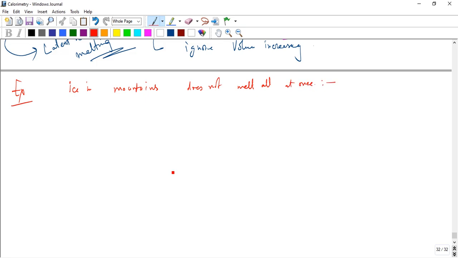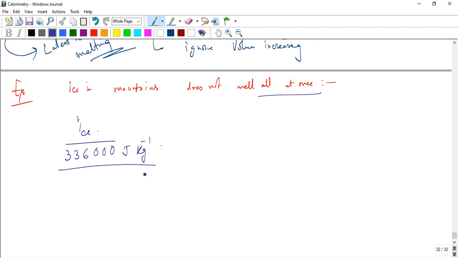Why? Because ice has a high specific latent heat, given as 336,000 joule per kg, the latent heat of fusion.